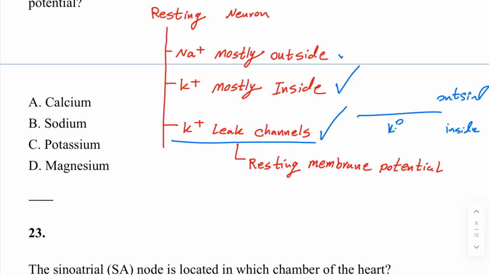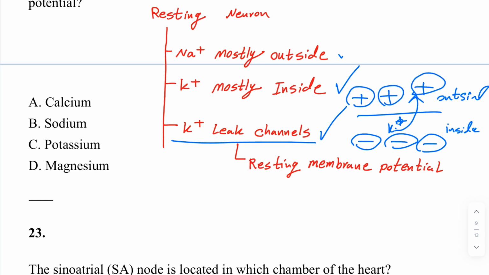When potassium goes out, the inside becomes more negative. As a result, potassium plays the dominant role in establishing the resting membrane potential. Therefore, potassium is the correct answer, C.